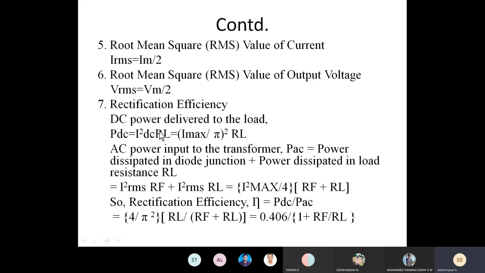The amount of DC power delivered to the load, by using Ohm's law, is I square R. Here I is the output current IDC, so IDC square into R, the load resistance RL. By the product of these two values, we will get the power delivered at the load terminal.